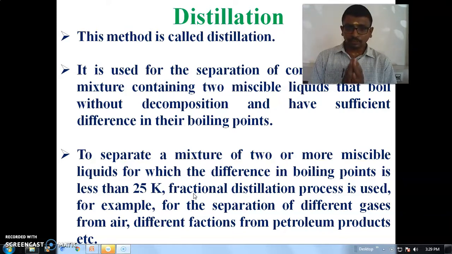If the difference is more than 25 Kelvin, we go for simple distillation. For example, fractional distillation is used for the separation of different gases from air, and different fractions from petroleum products.